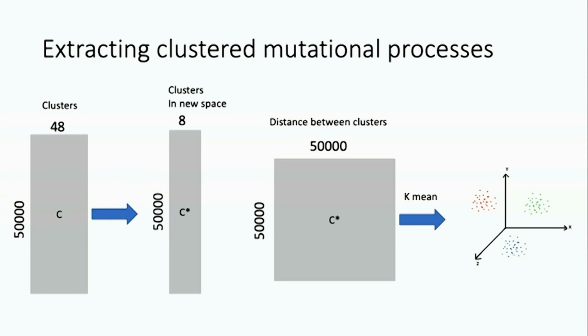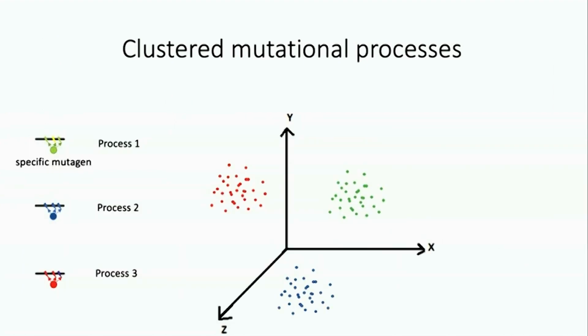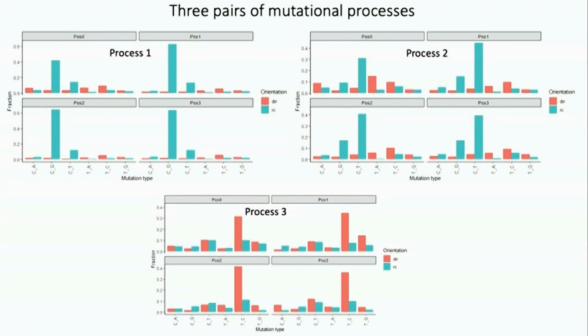We applied the clusterization procedure and extracted 7 classes, and 3 of them produce reverse complementary results. This is just the aggregated profile across 4 positions within the cluster, within the three pairs of the processes that we extracted.